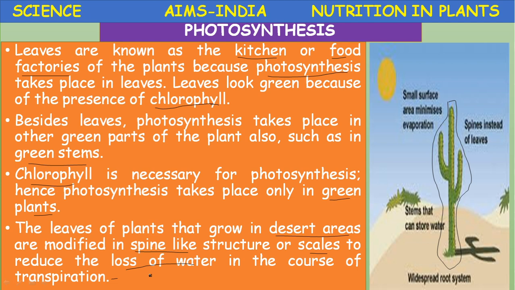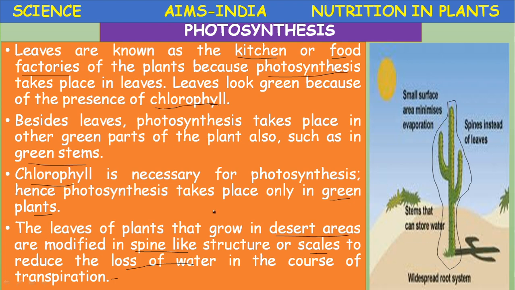Leaves are involved in three main functions. One is photosynthesis, second one is transpiration, third one is respiration. Transpiration cools the plant. In the leaves tiny holes are present. What are they called? Stomata.